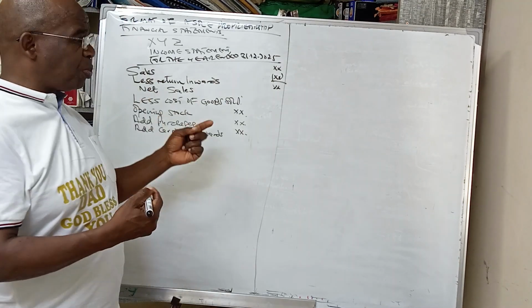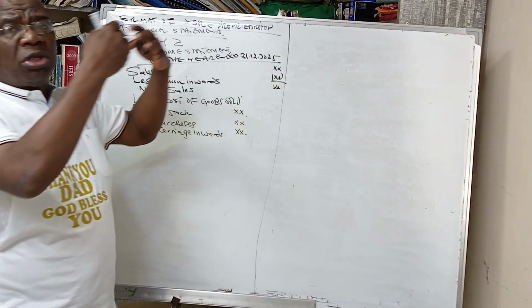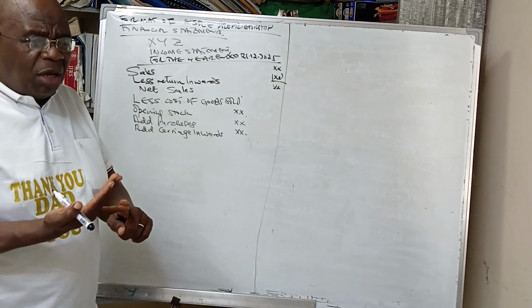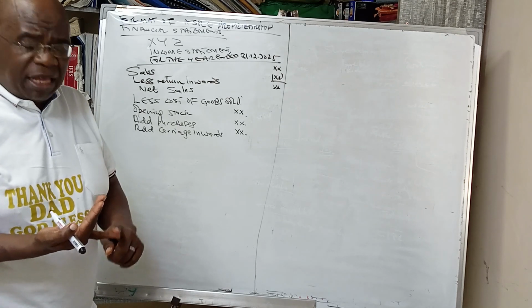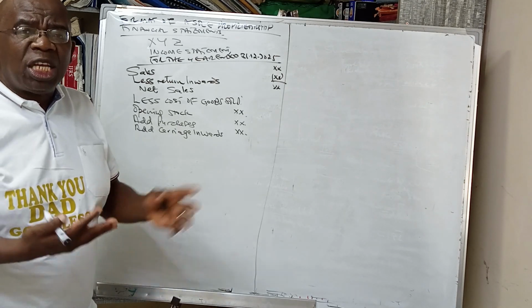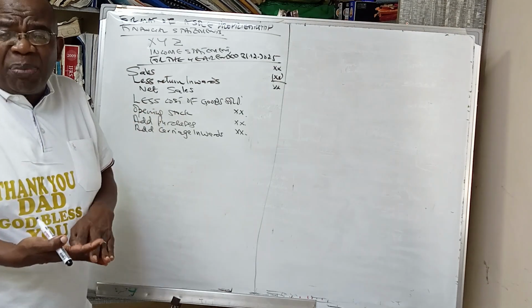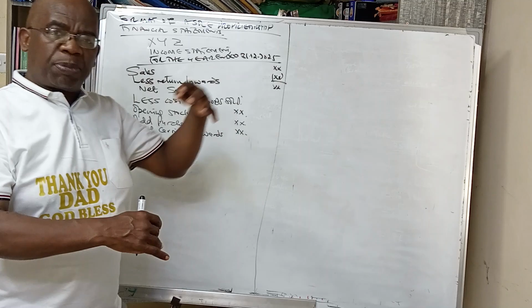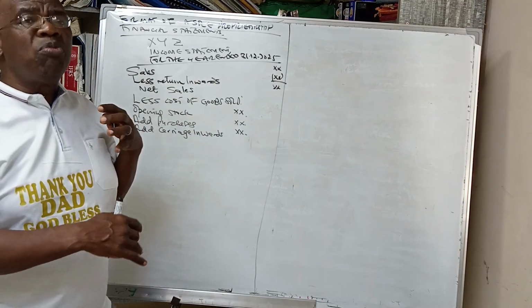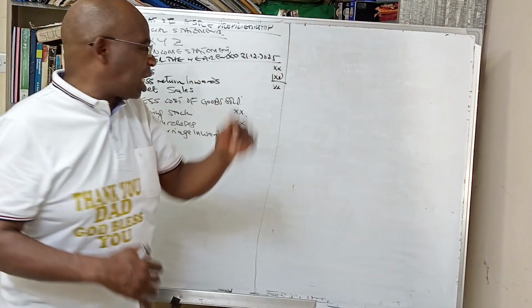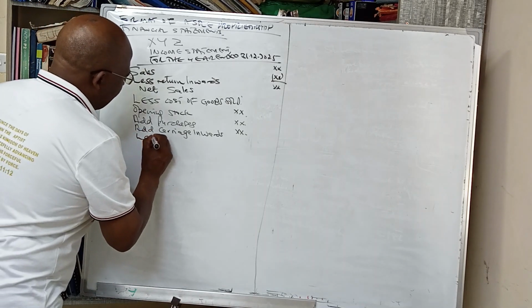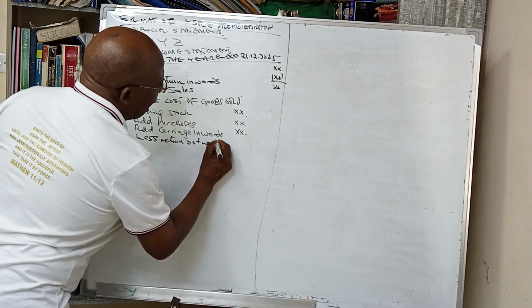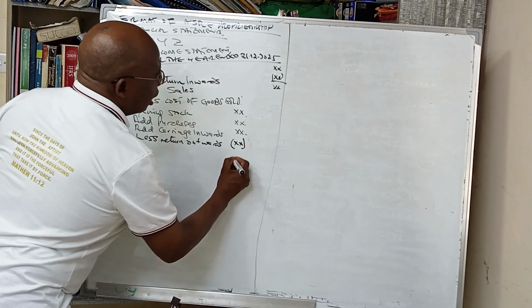But just like in sales, maybe we received some goods, but we did not want them, either because they were not meeting our specifications, they were wrong quantity, they sold to us more, or even they changed the price from what we had agreed. So we are returning the goods. Because we have recorded them as purchases, to get the correct purchases, we must deduct what we returned. So we say less return outwards.